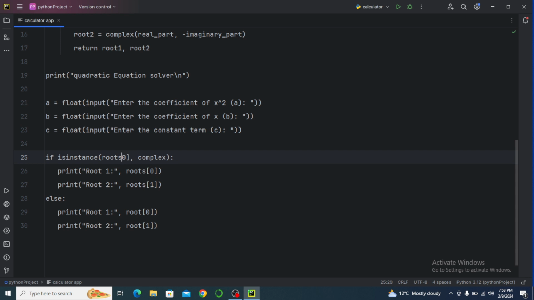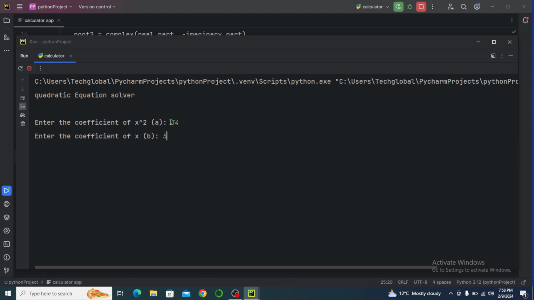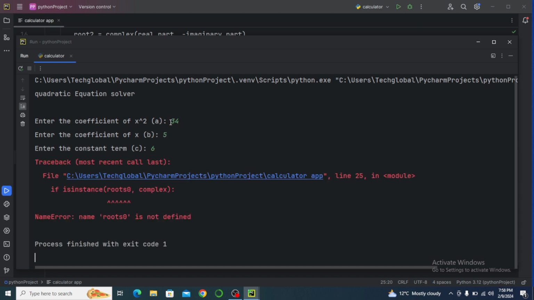Let me remove this and see if the root will be defined now. Similar thing.